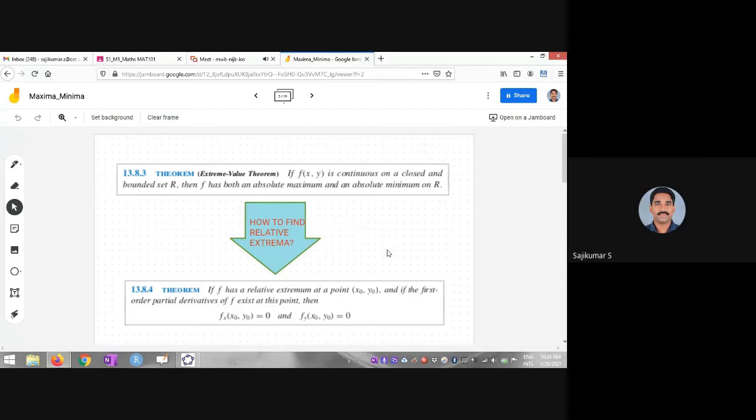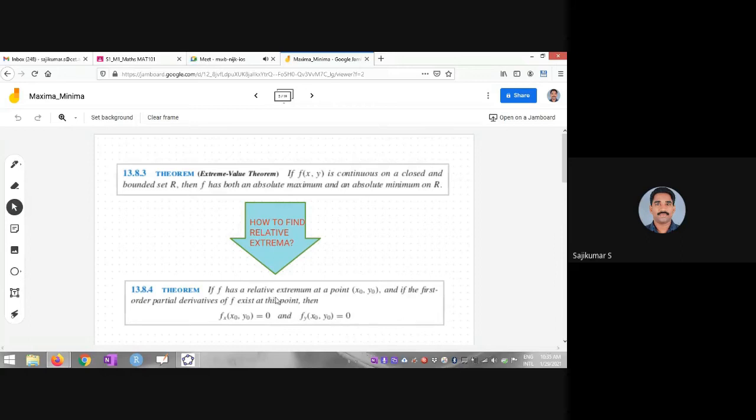Then how do we find the relative maxima and relative minima? Where do we locate them? Relative maxima and relative minima are together called relative extrema. If f has a relative extremum at a point (x0, y0), and if the first order partial derivatives of f exist at that point, then the first partial derivative fx evaluated at that point will be 0, and the first partial derivative in the y direction evaluated at that point will be 0.